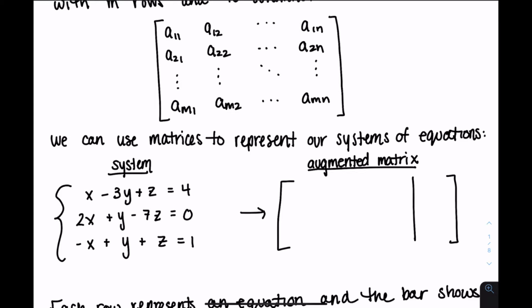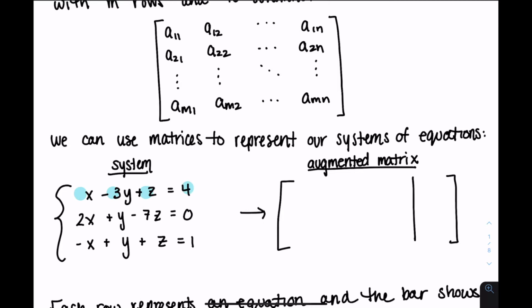And the great thing about it is it's going to eliminate the variables. Each of these columns represents a different variable, and each row represents a different equation. So I'm just going to look at these coefficients, and then I've got this constant term on the other side.